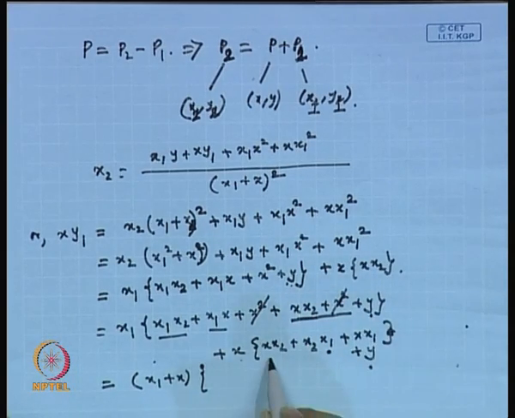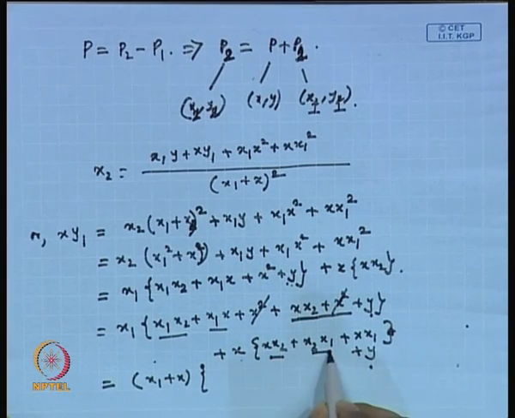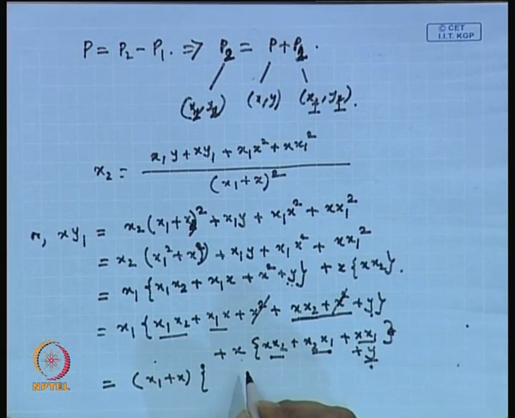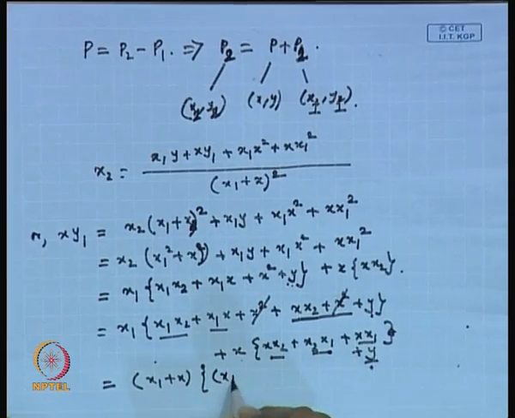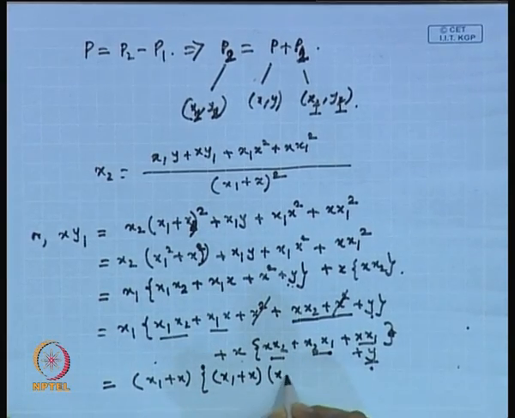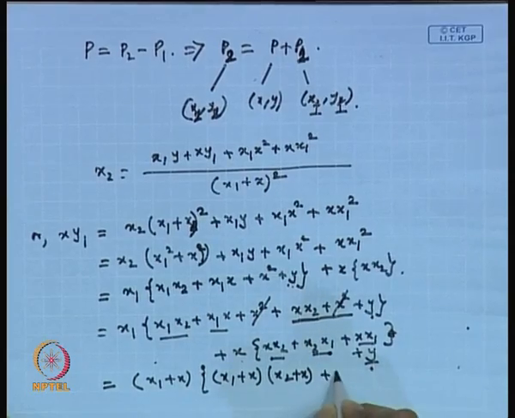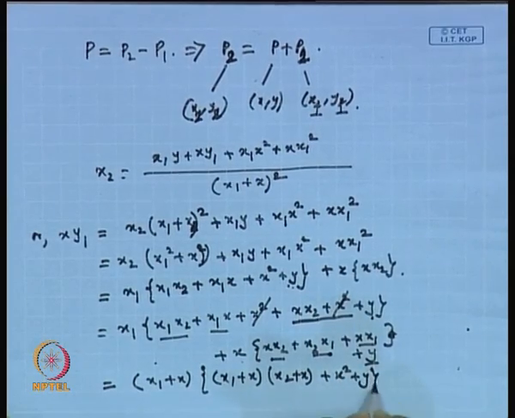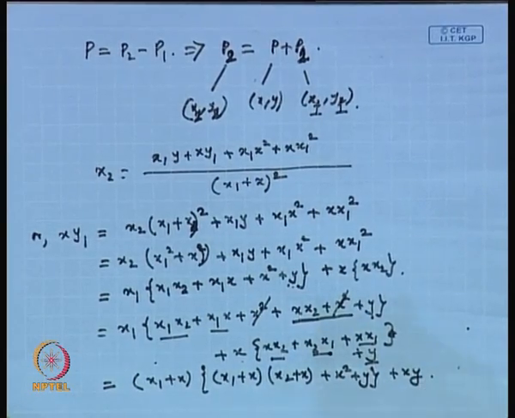Okay. What is this term here? x 2 plus x 2 x 1 plus x 1 plus y, that is the same term basically, right. So, therefore, you can take this as common and you can write this as (x 1 plus x) into (x 2 plus x square plus y) plus x into y.